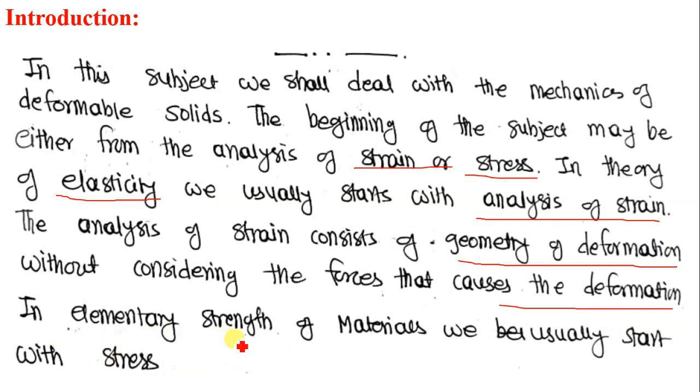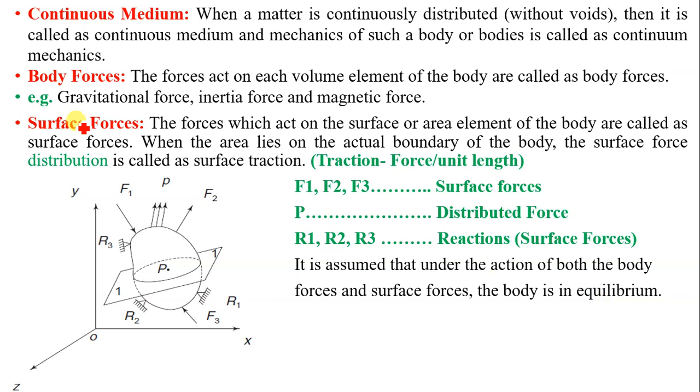While in elementary strength of materials, we usually start with stress. Please recall the first chapter of strength of materials, stress and strain. But in theory of elasticity, we start with analysis of strain, considering the geometry of deformation and without considering the forces which are responsible for the deformation. So this is the difference between strength of materials and theory of elasticity.